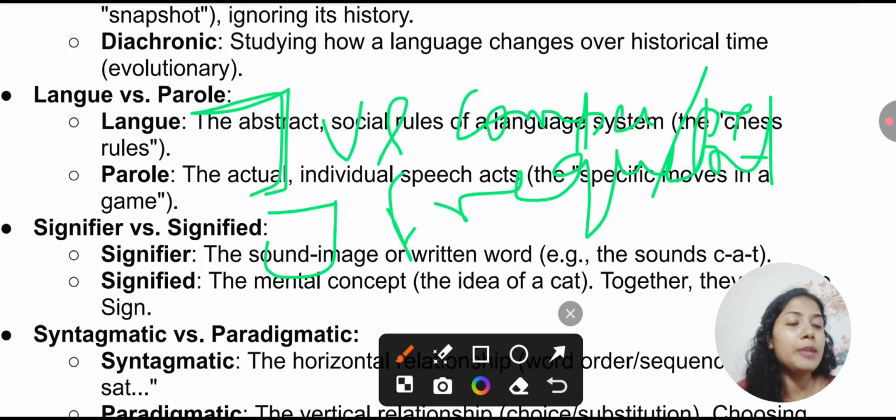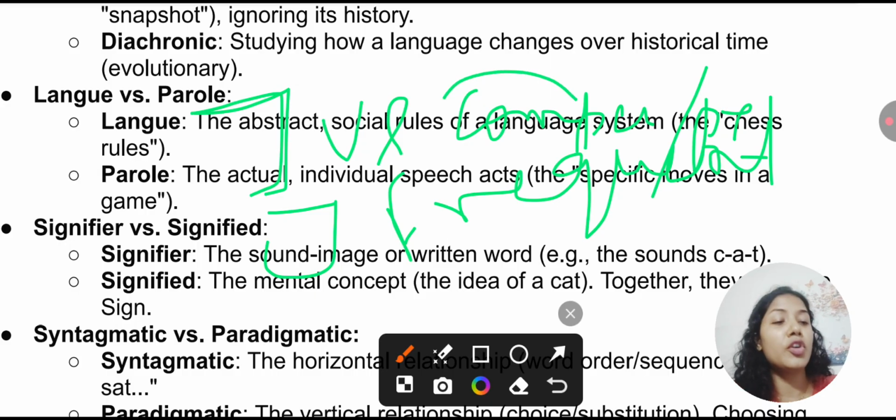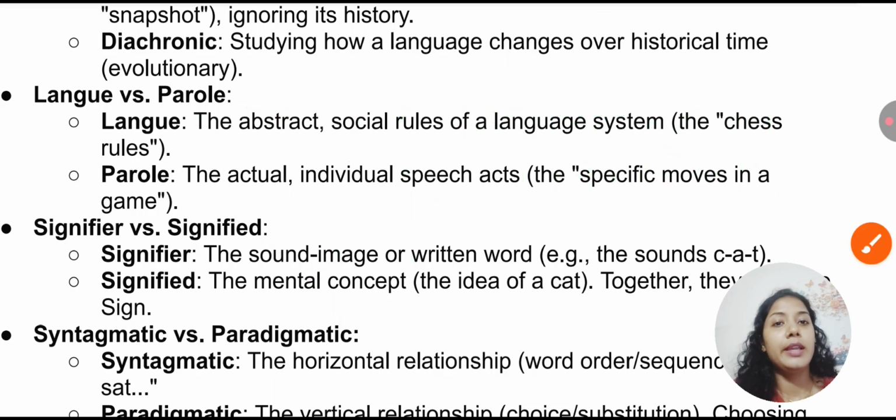There is a little bit of similarity, because langue is the abstract social rules followed by an individual, and the act of language by the individual is parole. Similarly, competence and performance are defined. This similarity has also come many times in PYQs in exams. So you have to practice like this.